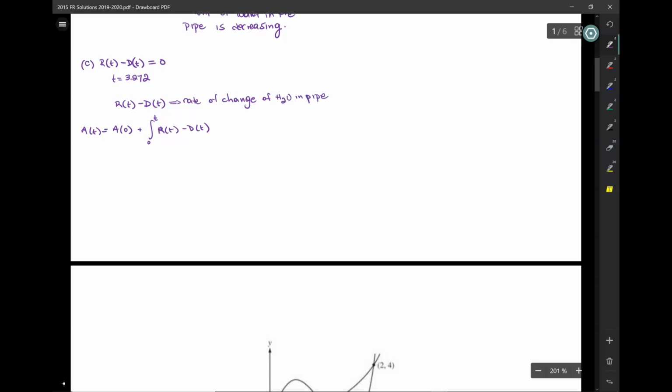If I want the amount of water in the pipe, I need to integrate that. This is the amount of water that got into the pipe from 0 to 8. But when we started, there was already 30 units of water in there. So at any given time, I have the initial 30 plus however much got in there.